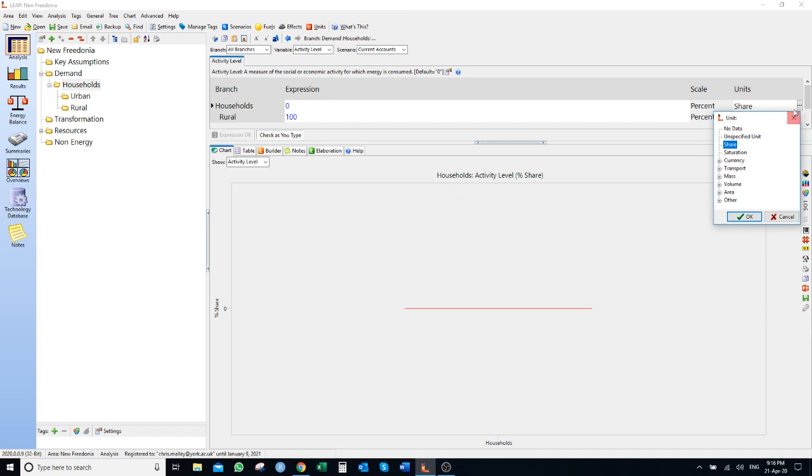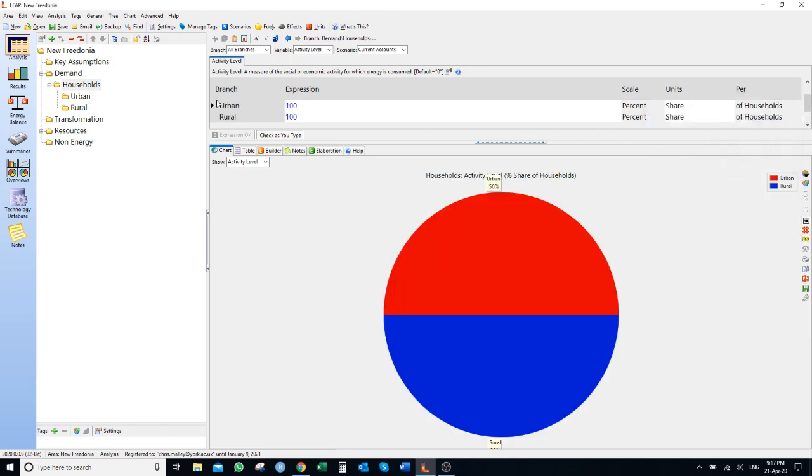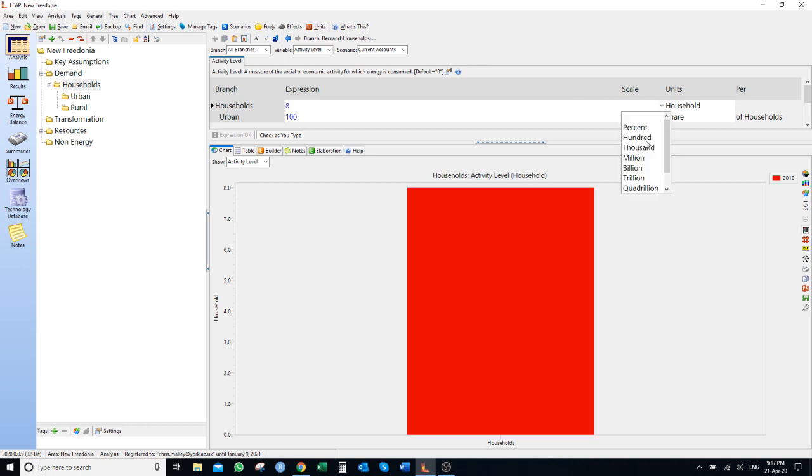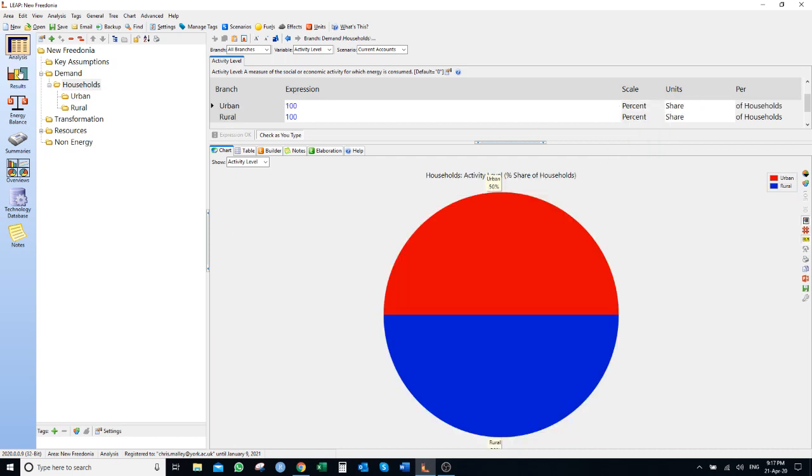So if I go over to units and click the three dots, I can then select household as one of my units. And I can then enter 8 as 8 million. I could also enter 8 million households, and it is the same, it is equivalent.